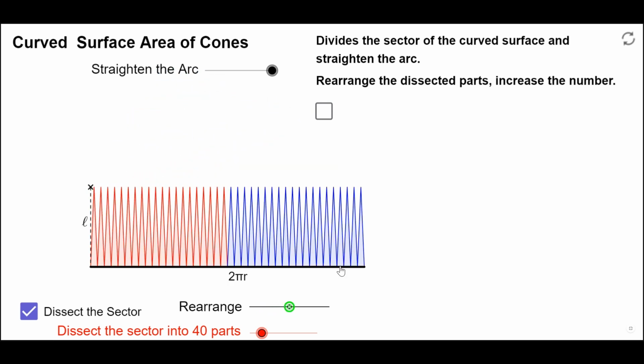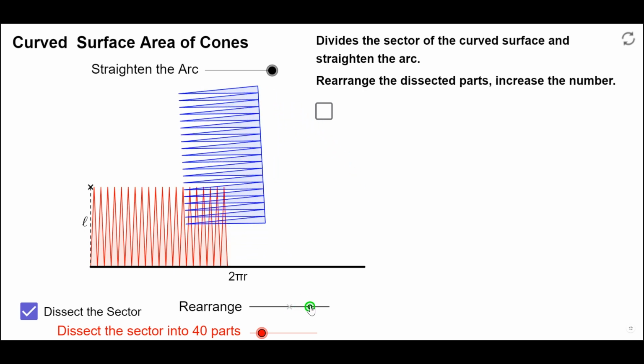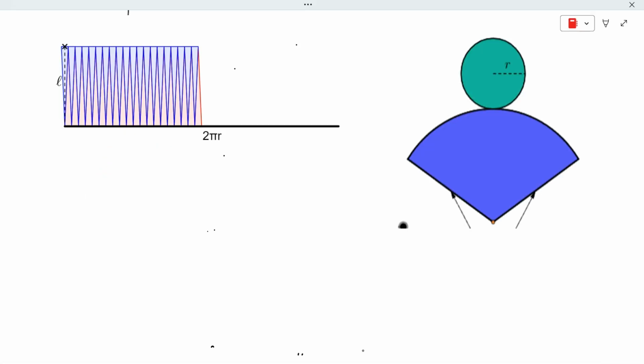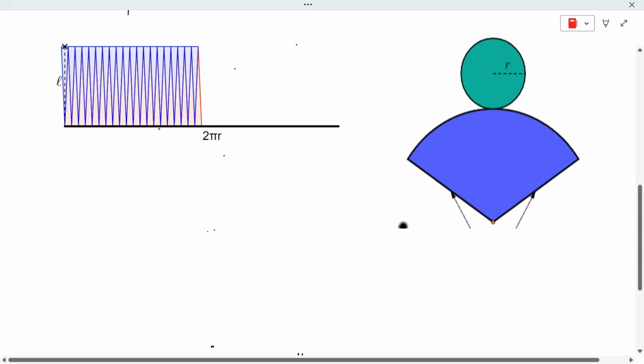So the length is 2 pi r. What I'm going to do is take off this and rearrange it to make a rectangle. So the length of the arc becomes half now, right? Because I have rearranged the triangles to make a rectangle.